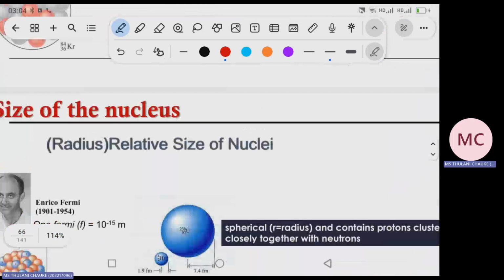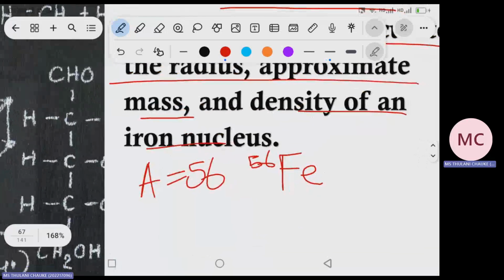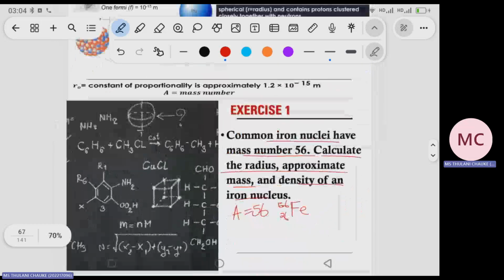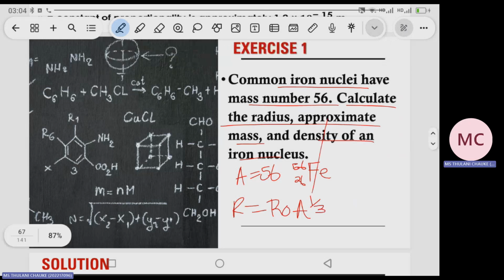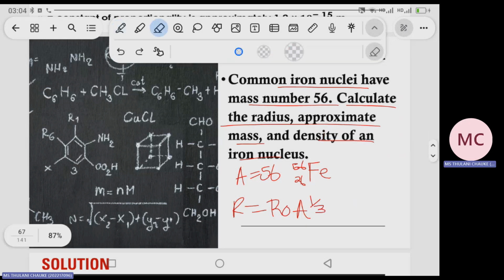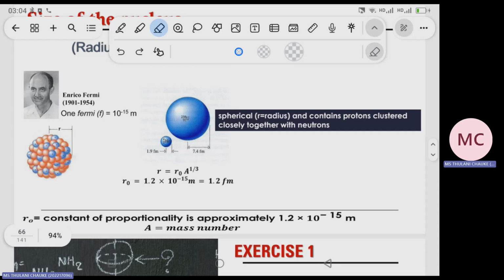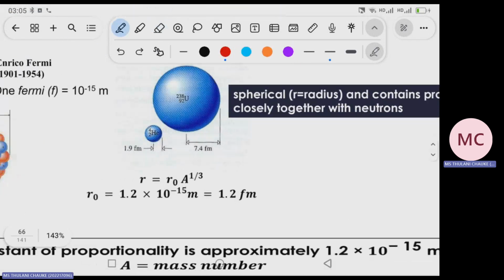So now I want to know its radius. The formula for radius is given by r equals r naught A to the exponent 1 over 3. So r naught will always be this, right?